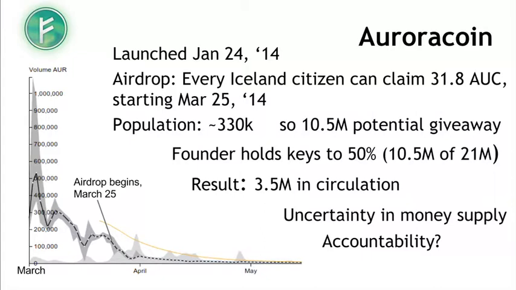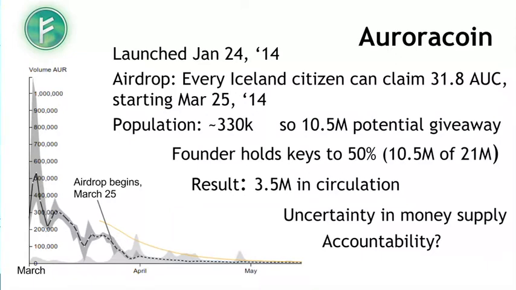Another reason for this uncertainty is that the process of distributing portions of coins fairly to individual citizens is a very difficult process. Presumably this could be done by checking something like their national identity cards, but that would be a very difficult process even for someone who had planned it very well. The way that this was implemented was simply by the founder of the coin signing over units of the currency by making signed transactions with his public key.